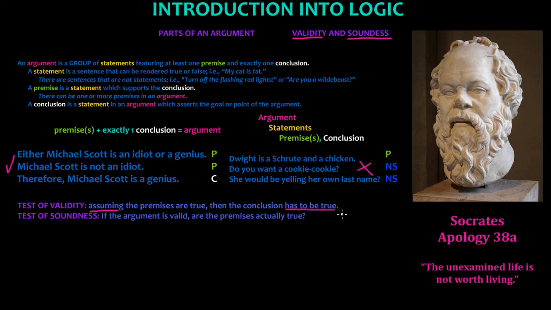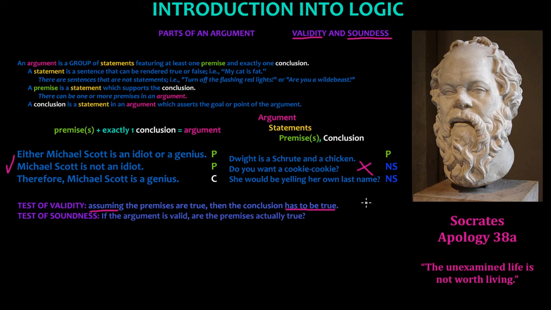What is this saying? In this case, we are going to assume that each particular premise is true to determine if that makes the conclusion absolutely true, if it logically demands that the conclusion is true.